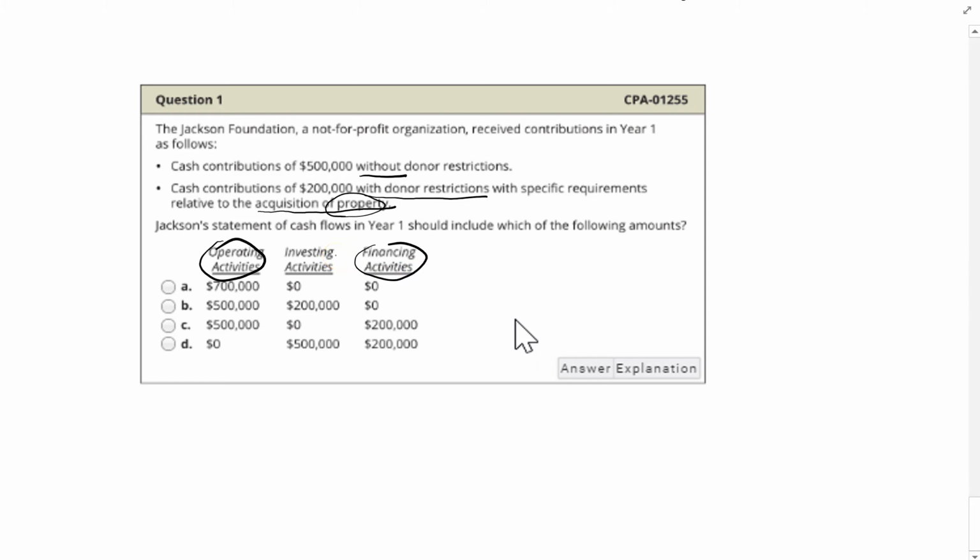That means here Jackson's statement of cash flows in year 1 should include which of the following amounts. So basically, because of this unrestricted portion, they will include these $500,000 under the operating part, and because of these donor restrictions, they will consider that $200,000 under the financing activity part. So the correct answer is C.